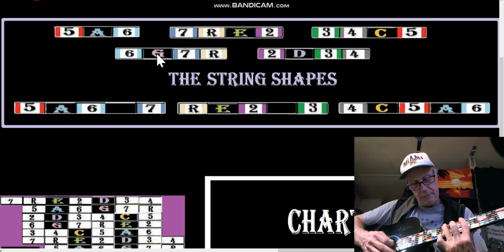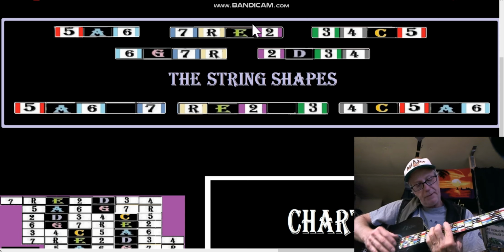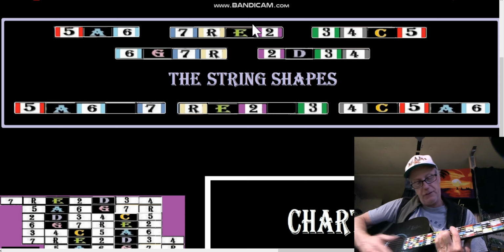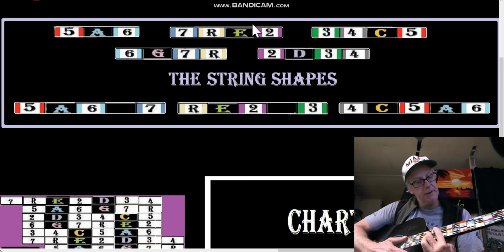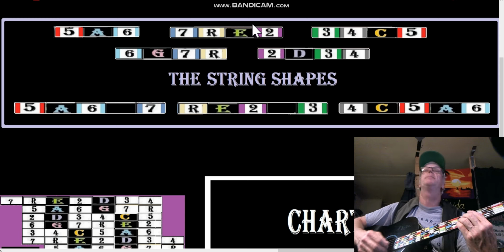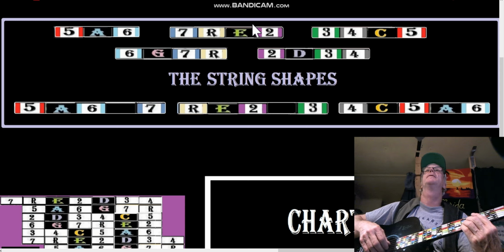So G-shaped A. Okay, and then you'd have your E-shaped A right there, that kind of thing. D-shaped A and C-shaped A. We could go below the A shape there. We could get to a C-shaped. Oh, we have the E-shaped.